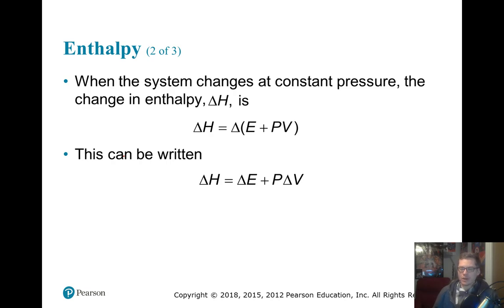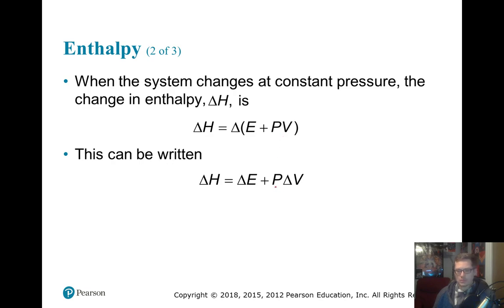Now remember, we just talked about how we have the system and the surroundings. We don't really care about the exact quantity of those thermodynamic values. We really just care about what the change is, what's crossing that boundary, what's coming in, what's going out. So we'll add this change in value here because that's really what we care about knowing. If we add the change here, we have to add it to this side: delta H equals delta E plus delta of pressure times volume.